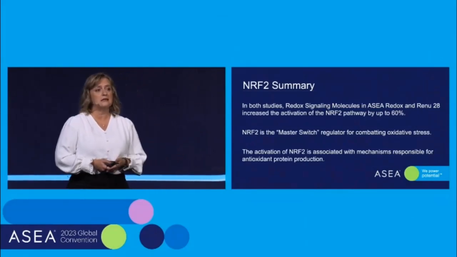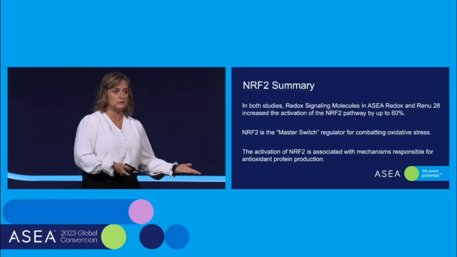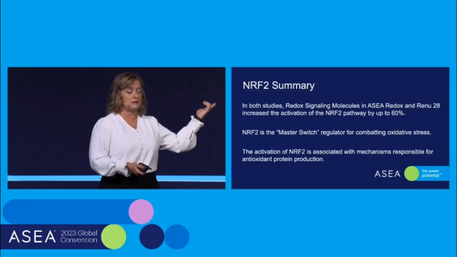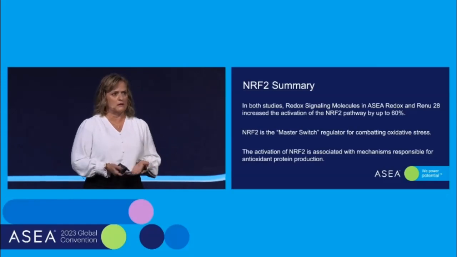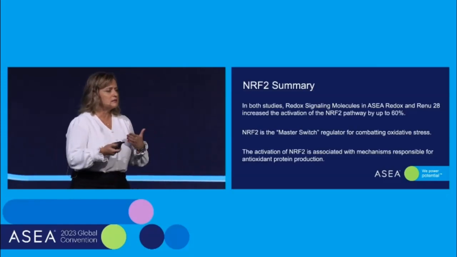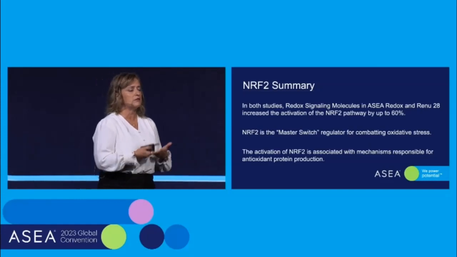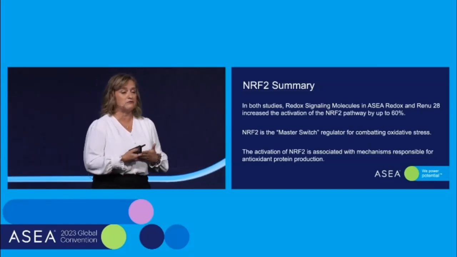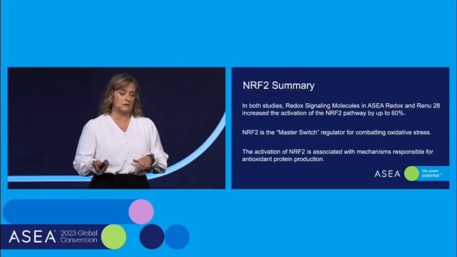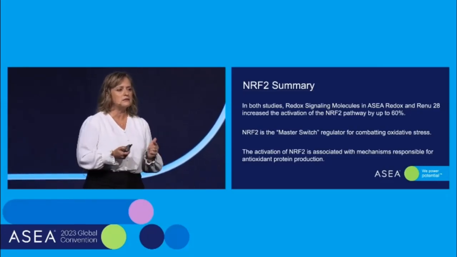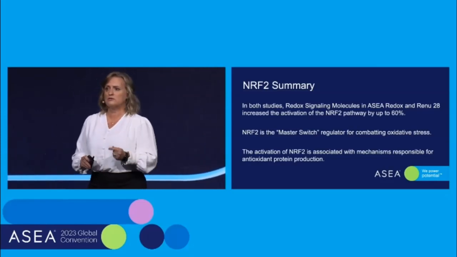Finally, this activation leads to the production of protective proteins. In the study we conducted in Bath, it was glutathione. These protective proteins are part of the antioxidant system, which is very important because it allows the cells to adjust and respond better to stress.